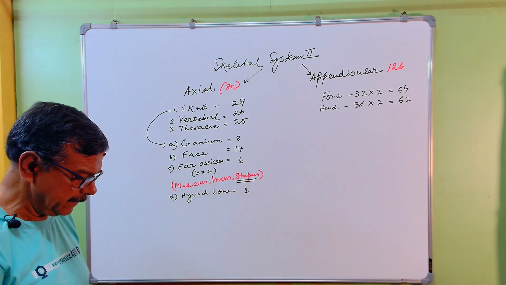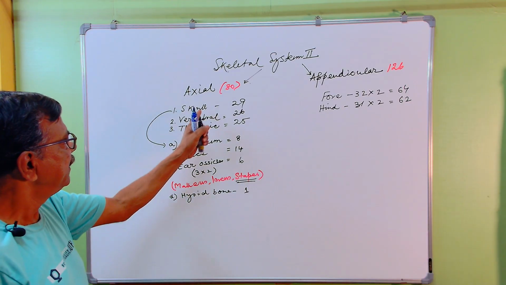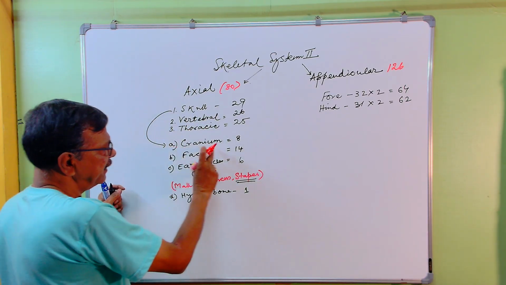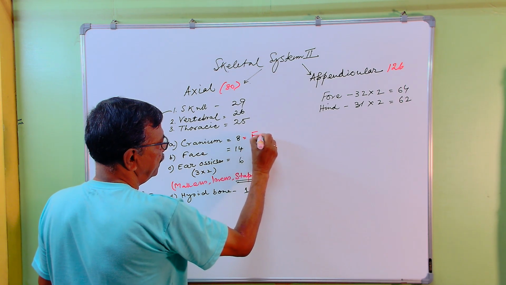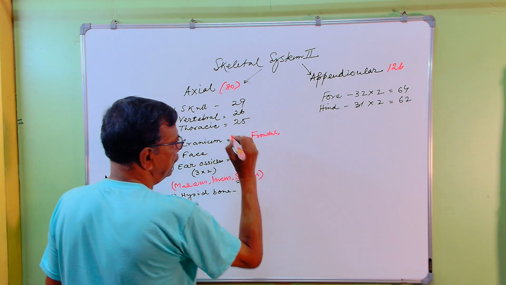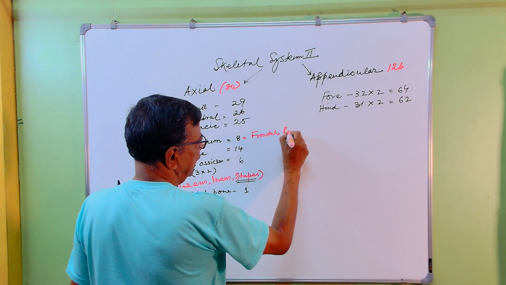What we have said in the skull, in the cranium, 8 bones. What are the 8 bones?